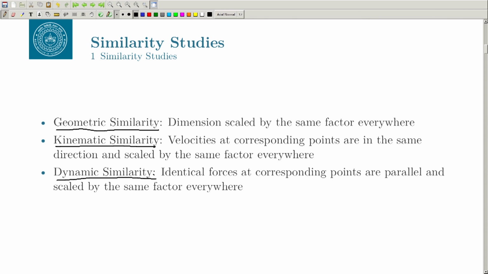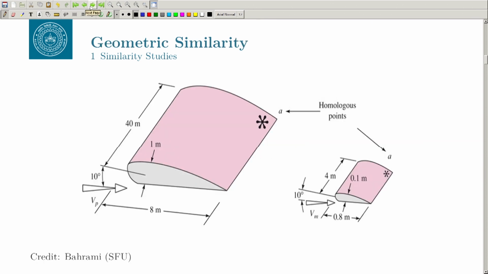For example, here is a wing, and the chord length is around 8 meter. It is scaled down by 0.1, so this now becomes 0.8 meter. What was 8 meter in the prototype now becomes 0.8 meter. So, this is scaled down by a factor of 10.